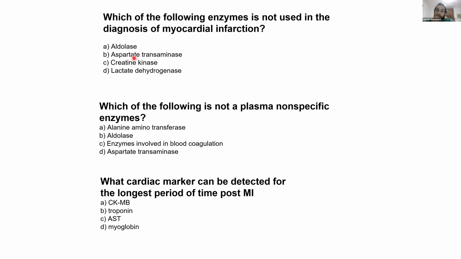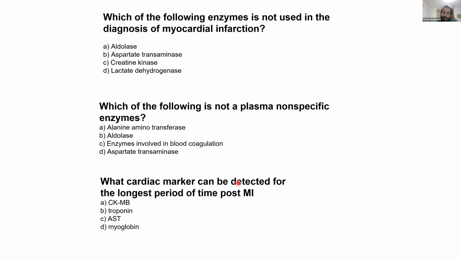But alanine transaminase, the ALT, is only in the liver. The AST can be seen in liver, muscle, and heart. What about aldolase? We did not mention it, so it's not in the cardiac markers. So the answer is A.